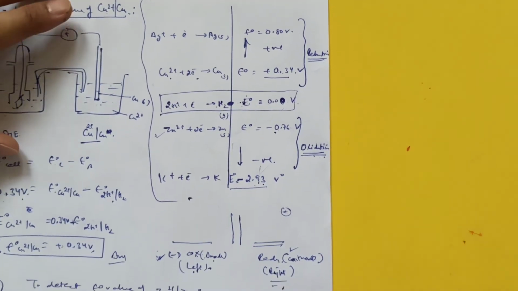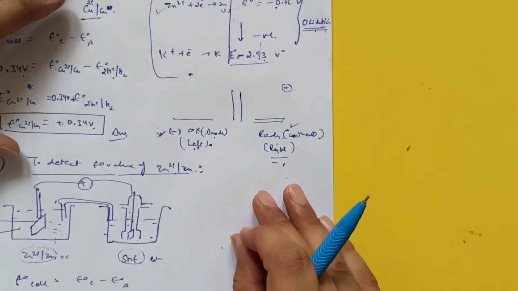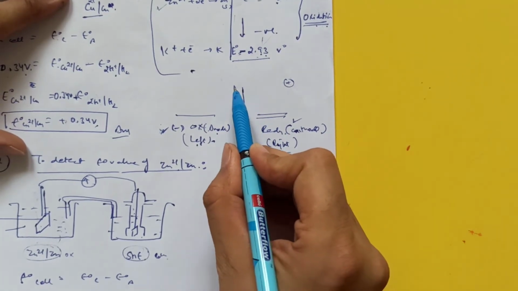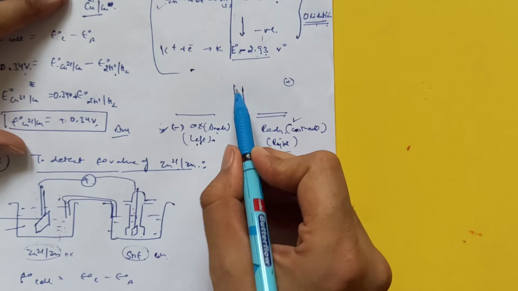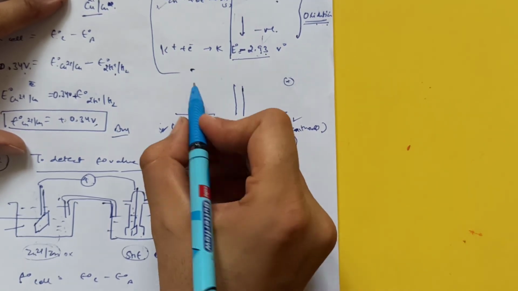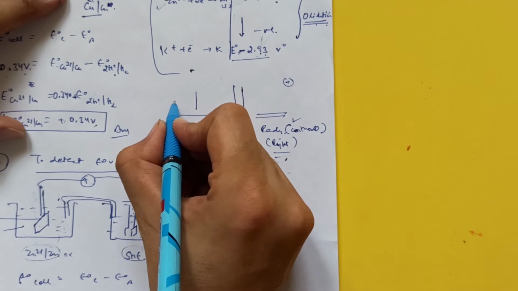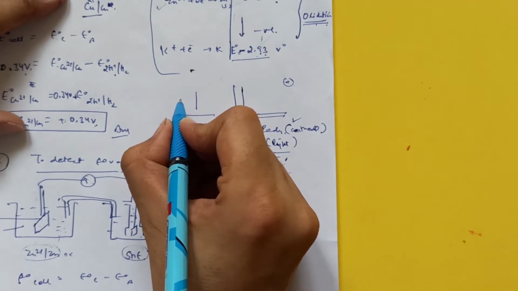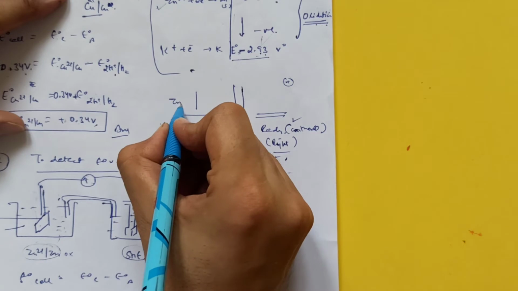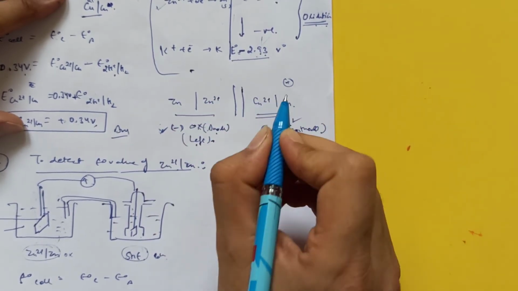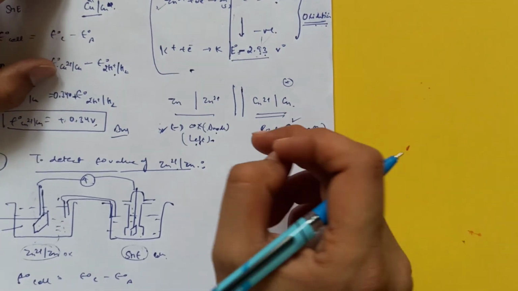Another thing is how we represent the electrochemical cell. To understand this, you see, this is the symbol of the salt bridge. I'm just taking one example of the Daniell cell. This is the most common form of the electrochemical cell. In this, zinc changes into zinc ion and copper ion changes into copper. I'm not going into the detail of that.